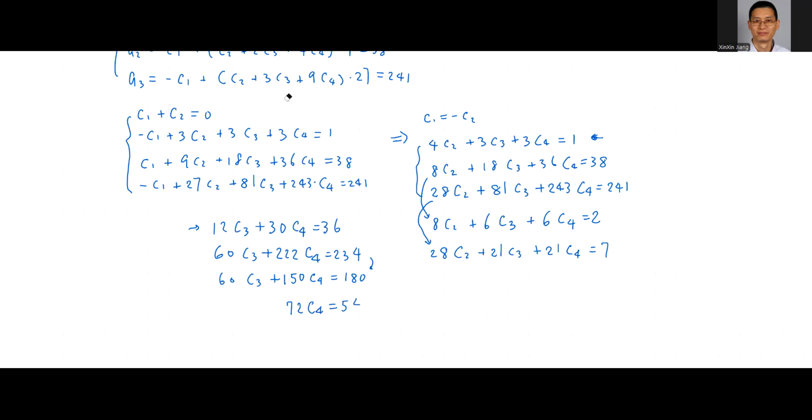All right, so you would get C4 to be 3 over 4. All right, and then I want to simplify this equation to try to solve for C3. Okay, so let me erase that.